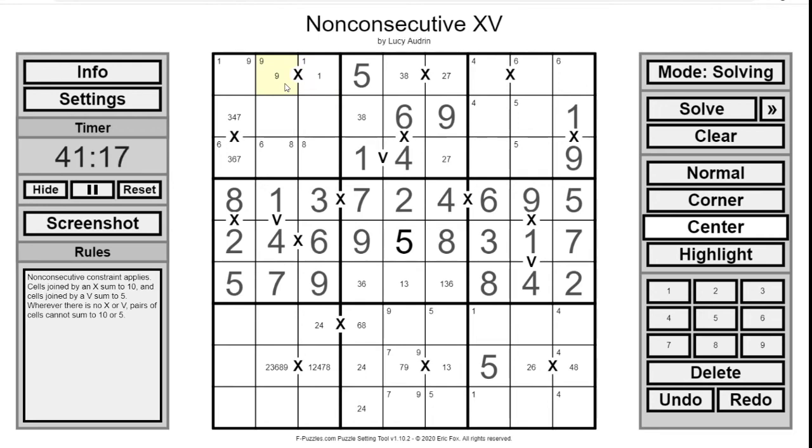Could be 3, 7. It would have to be like this. It could be 4, 6. No, it can't. Because the 5 kills both a 4 and a 6. I said that kind of weird, sorry.